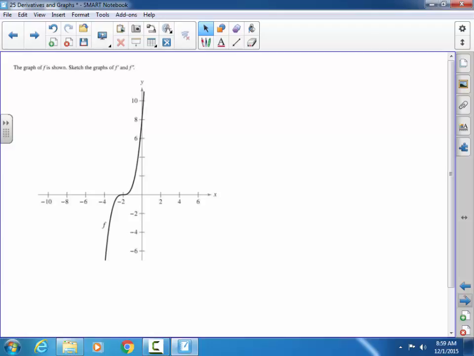What do you think f is? It's probably a cubic. So then, hopefully from that, that'll give you some ideas.